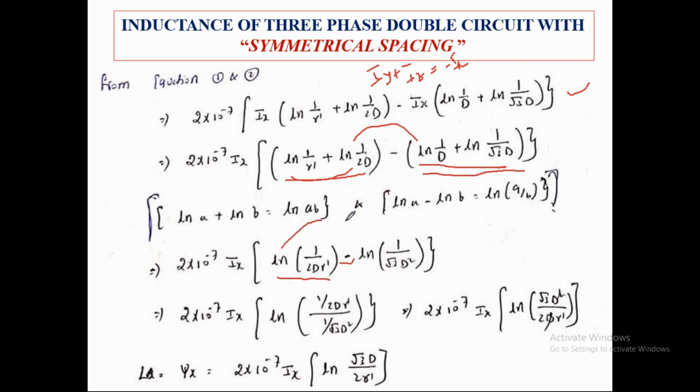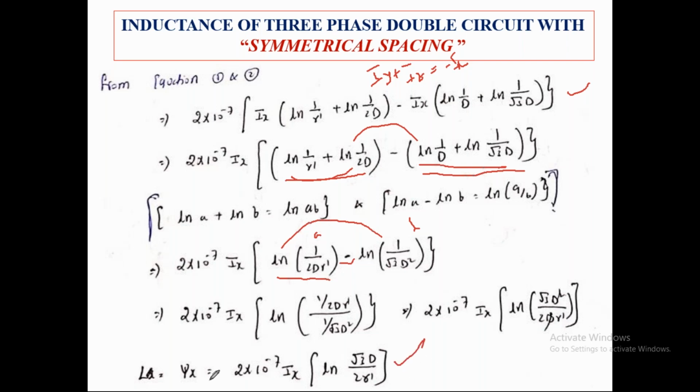Now these two terms are in the form of ln a minus ln b. What we have to make is ln a by b. So this is a and this is b. After removing this negative term, you will get ln 1 divided by 2D, so this is the a term and this is the b term. Finally you will get 2 into 10 power minus 7 Ix ln of root 3 D square divided by 2D r dash. So D and D get cancelled.